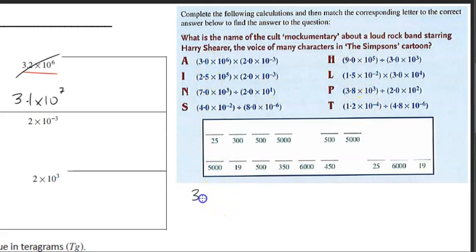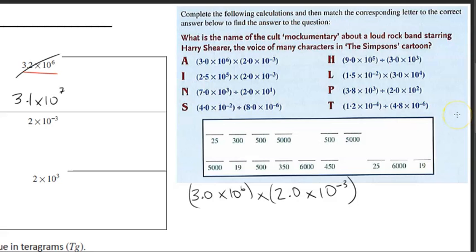We've got 3.0 times 10 to the power 6, all in brackets, and they purposely put this in brackets to show that this is one separate entity, and this is being multiplied by 2.0 times 10 to the power of negative 3.